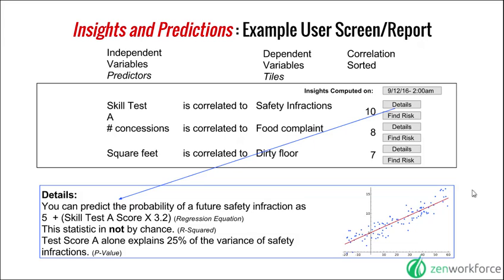Before that, you were kind of talking about gut and feel, and now you're talking about not only that you have a safety test, but that the safety test has meaning within your organization to predict safety infractions.